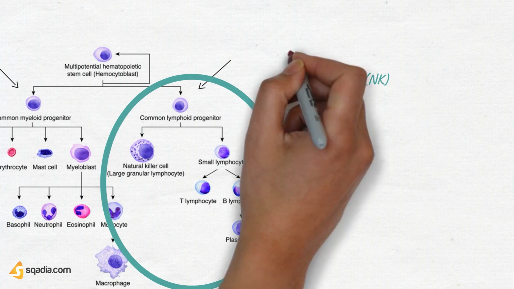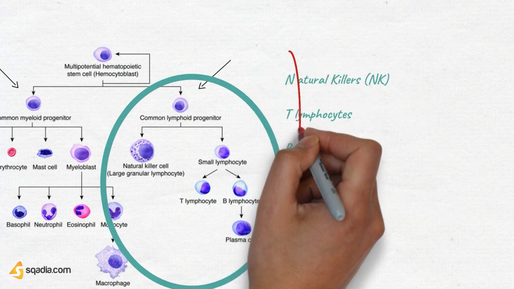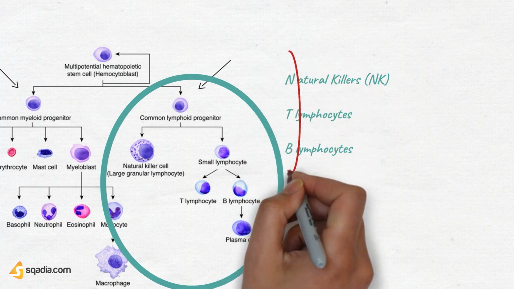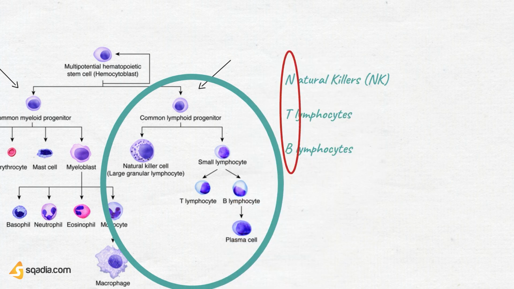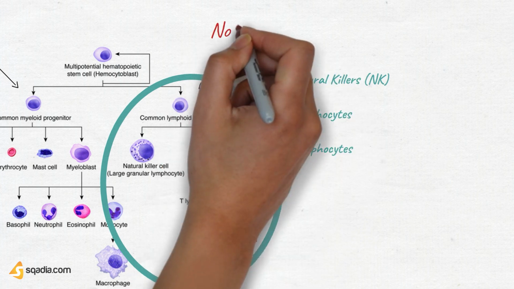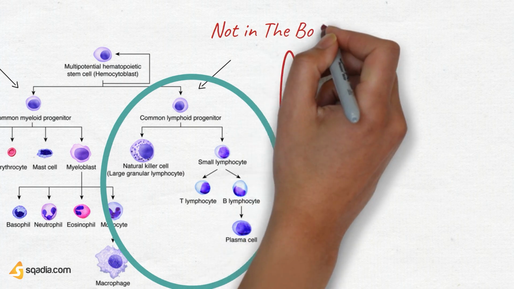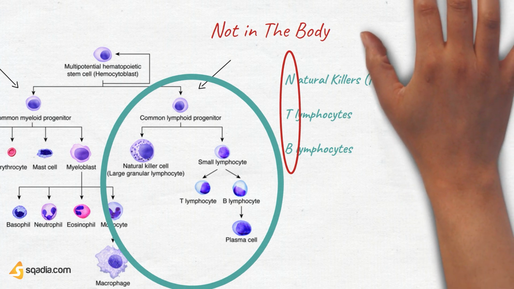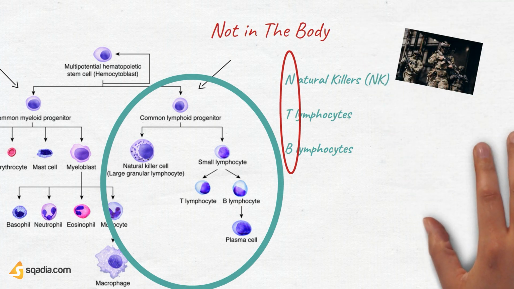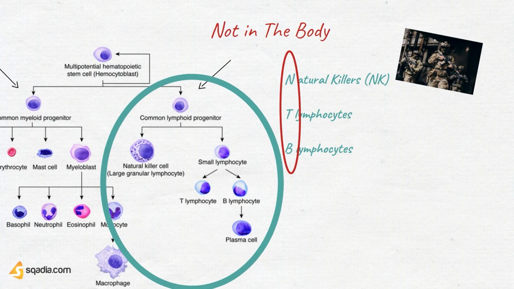We remember these three types of cells that come from the lymphoid line from the first letters NTB. NTB means not in the body because these three types of cells kill everything that does not belong to our body. Easy to remember.